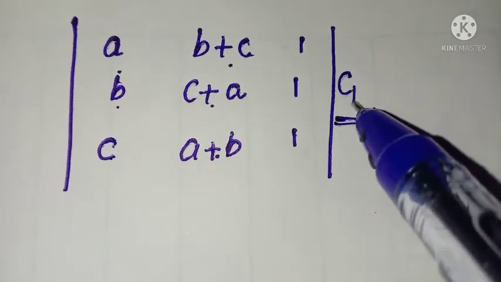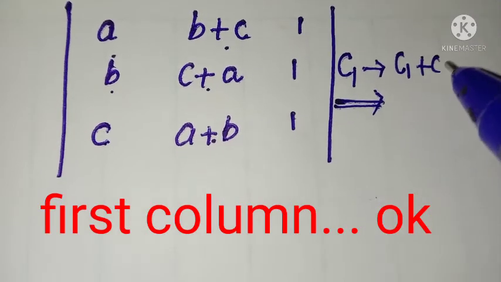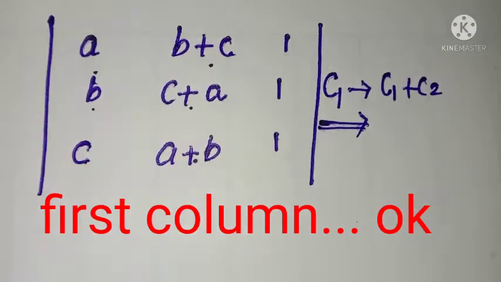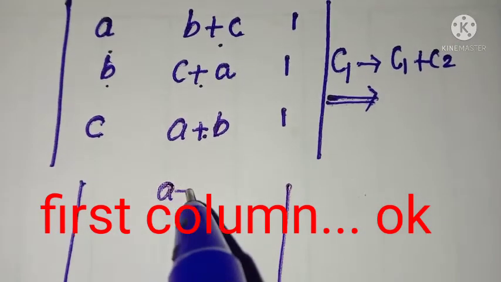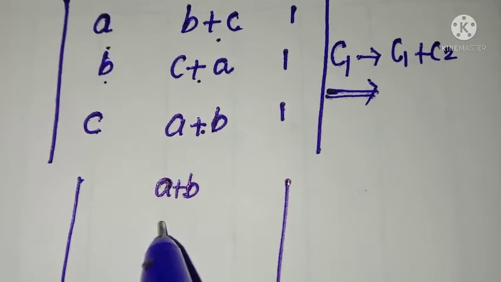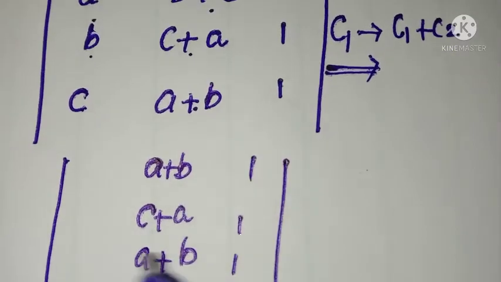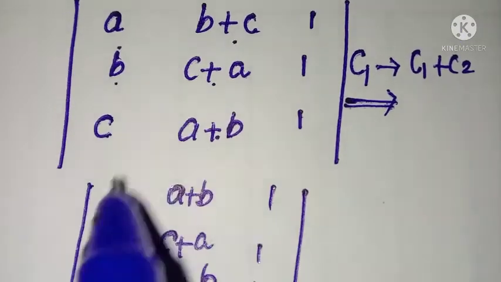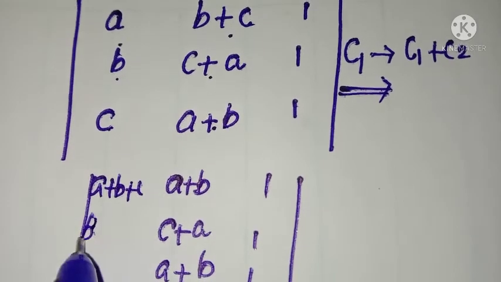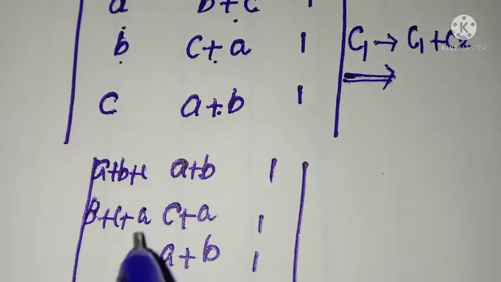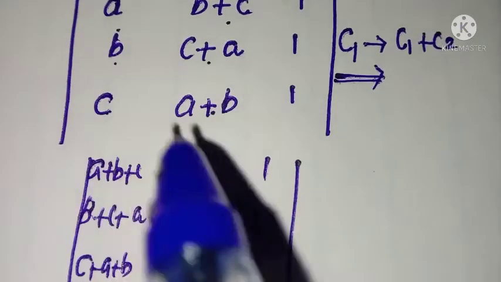I am going to transform C1 as C1 plus C2, adding the second column and third column. There is no change in the second and third columns, and the first column is transformed by adding these: that is a plus b plus c, b plus c plus a, c plus a plus b.